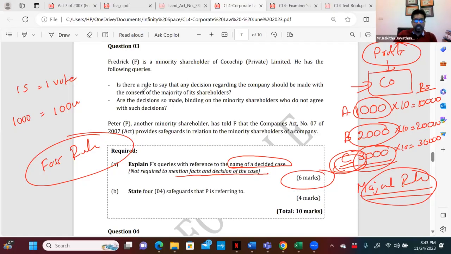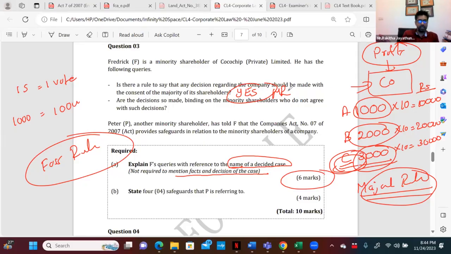Is there a rule to say that any decision regarding the company should be made with the consent of the majority shareholders? Answer is yes. You call it the majority rule. This was first laid down in the case Foss versus Harbottle long time back in the 1800s.